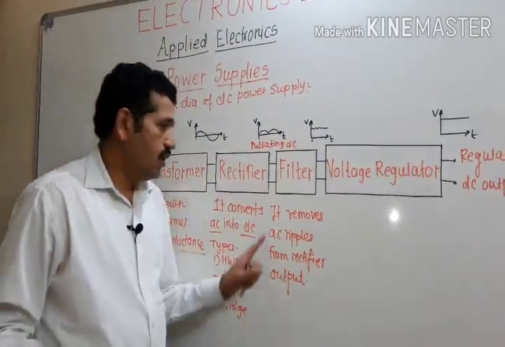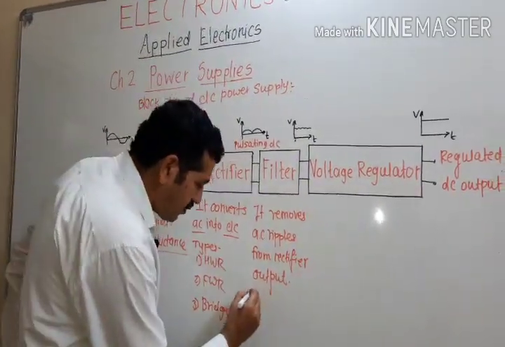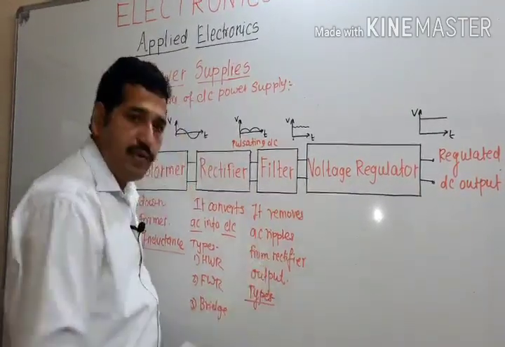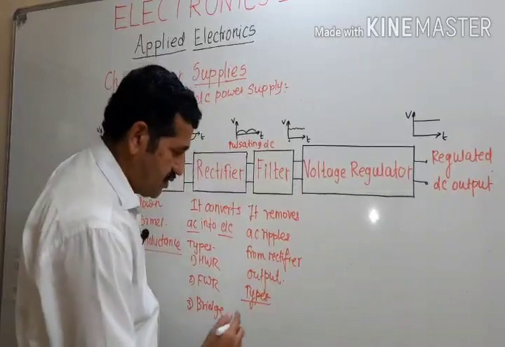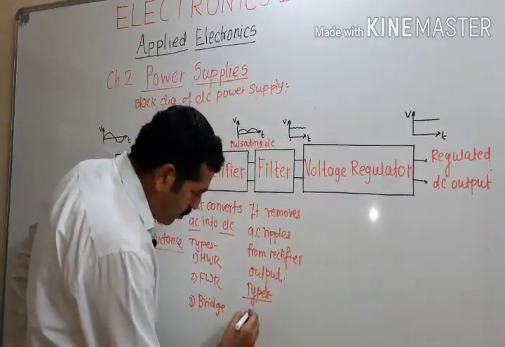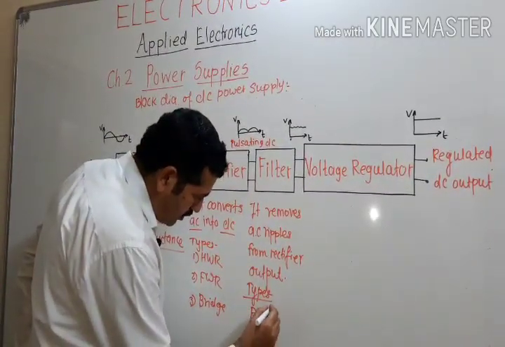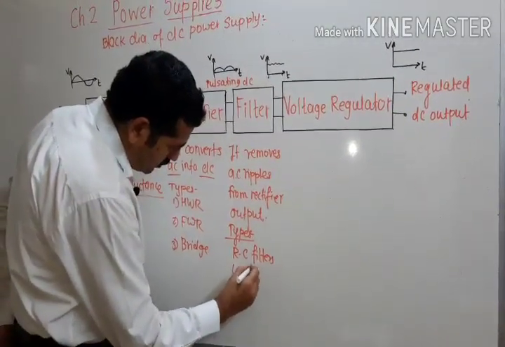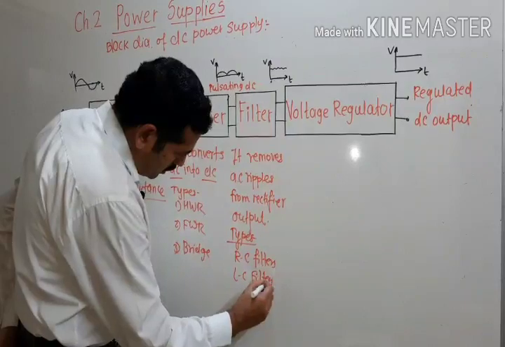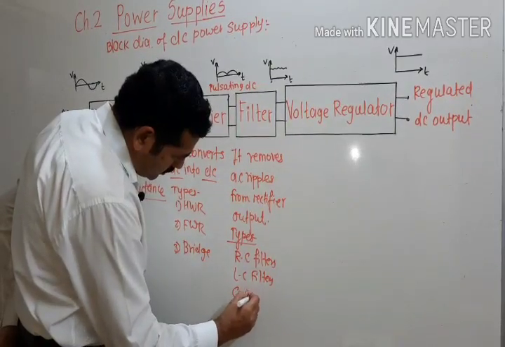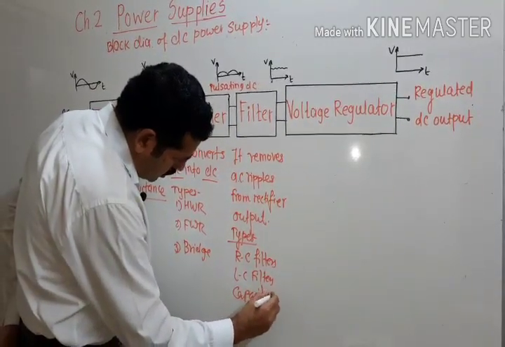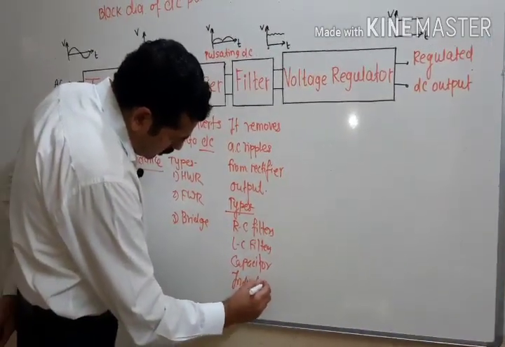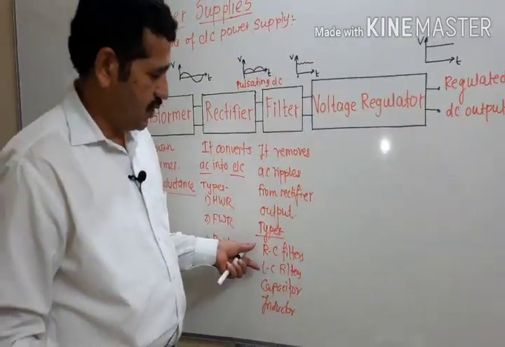Now in this chapter we also have to study types of filters. Filters are many: RC filters, LC filters, capacitor filters, inductor filters, etc.